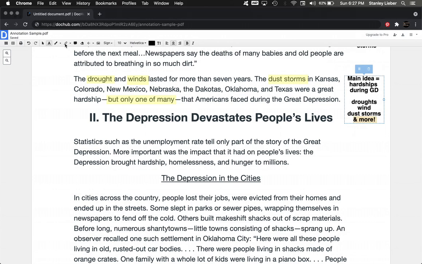So again, I'm going to come back in with my highlight tool, and I might just grab this piece on hardship, homelessness, and hunger to millions. So not only are we dealing with unemployment, but we're also dealing with these other hardships, and hopefully we're going to find out more about how this impacted people as we read on.